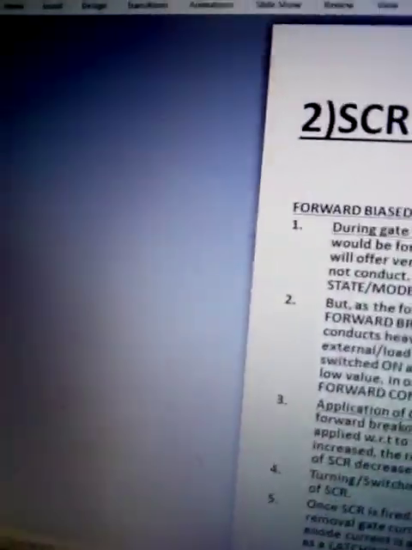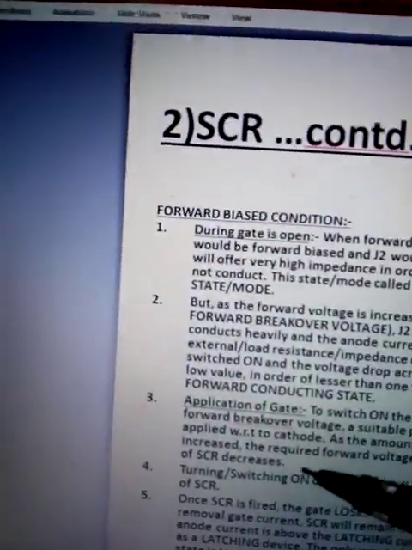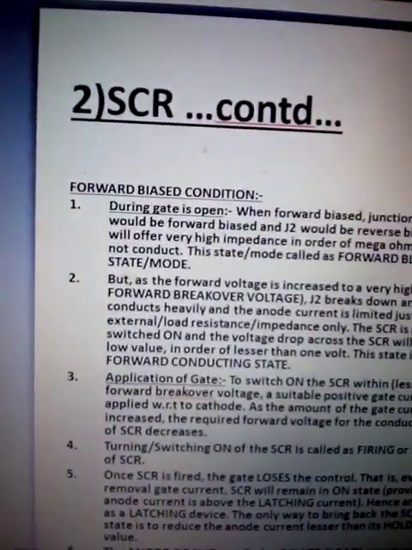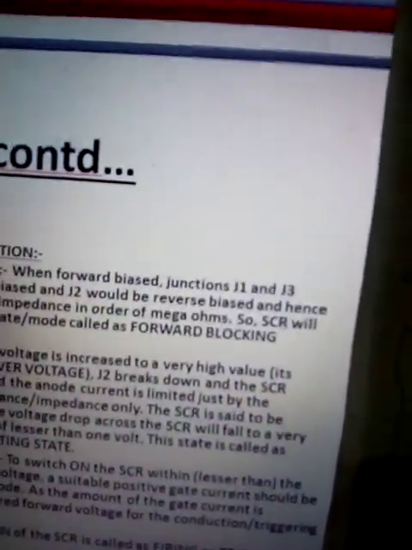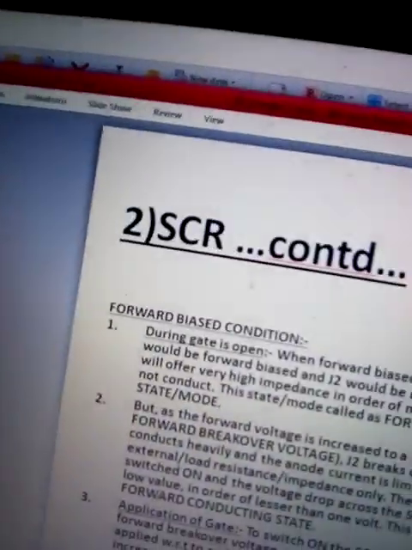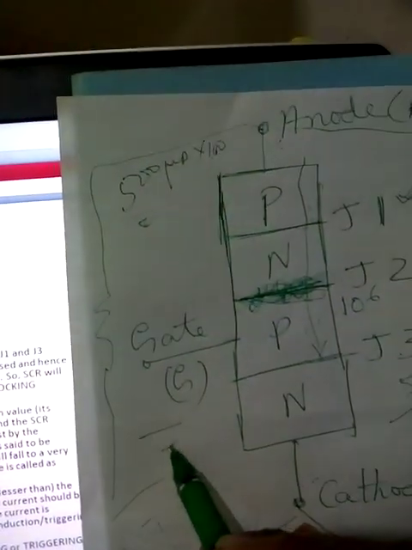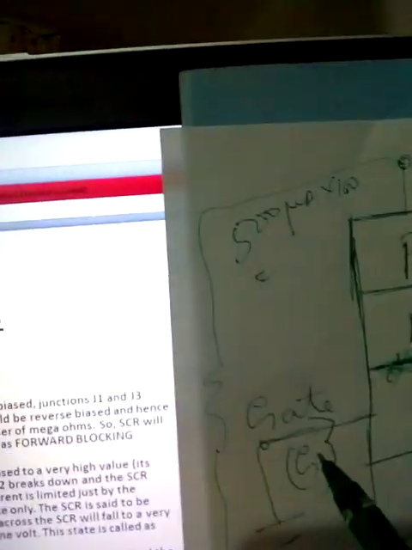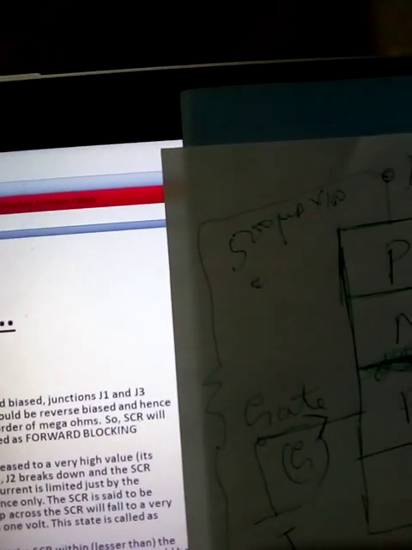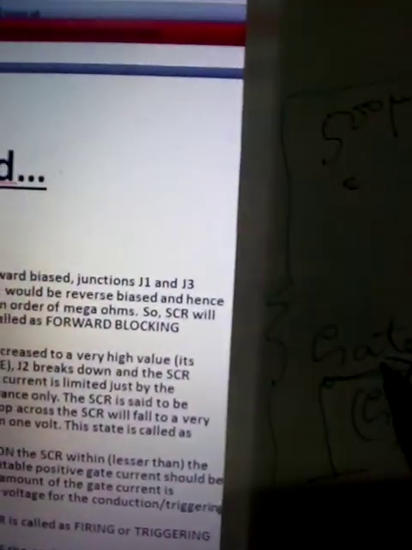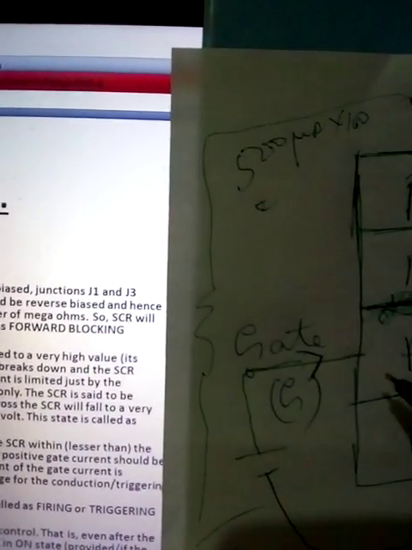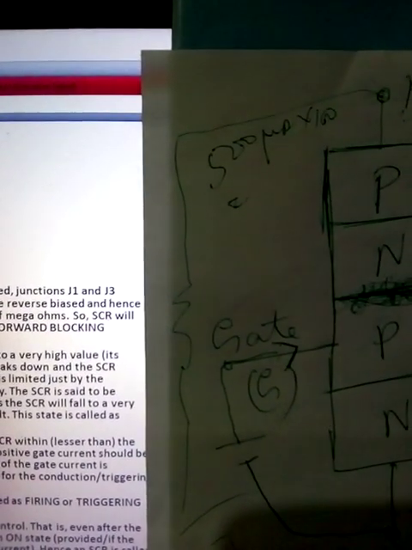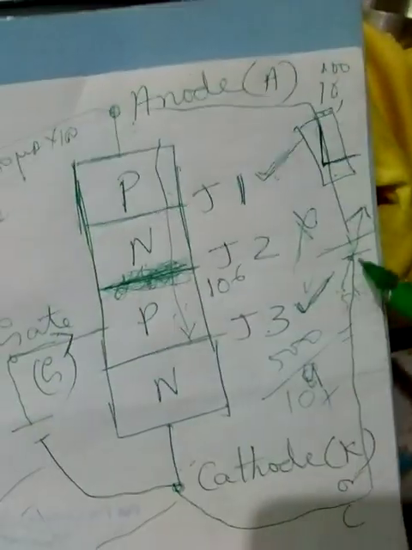Now we will see the application of gate. So what we will do is apply a gate current. Positive gate current means you have to apply current in this direction. If you apply a small current in this direction, then SCR will conduct for a lower voltage than the forward breakdown voltage.